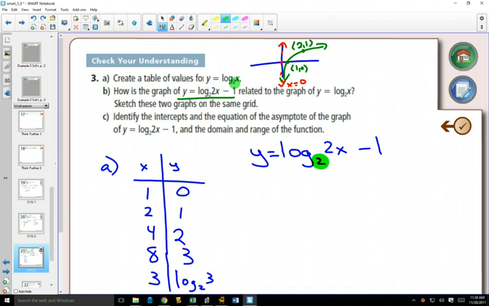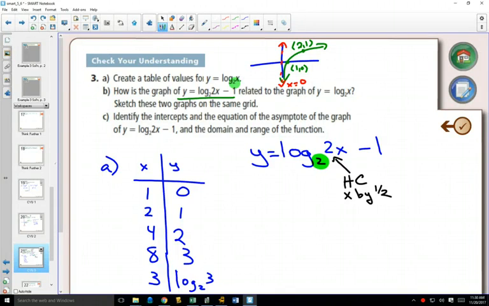So by highlighting it, you're reminding yourself, I don't have to worry about that when I go from left to right. When I go from left to right, the first number that I run into is this 2, and since it's inside the function, it's going to be a horizontal compression. You're going to multiply your x values by the reciprocal, by 1/2.